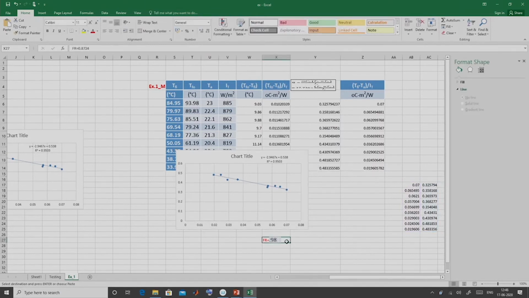So, similarly if we do the calculation, we will get these values. In our earlier case it was also about 0.8724, so it is almost constant. Even though the mass flow rate is varying, this FR is not changing. That is why in the case of a liquid flat plate collector, only a single mass flow rate is enough to characterize the entire collector.